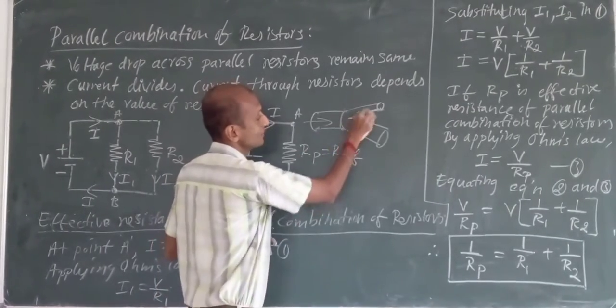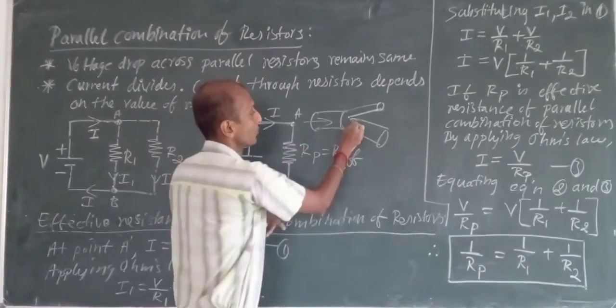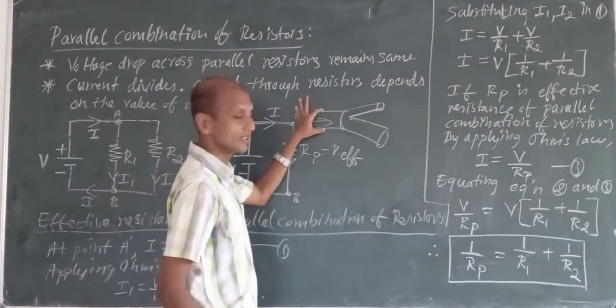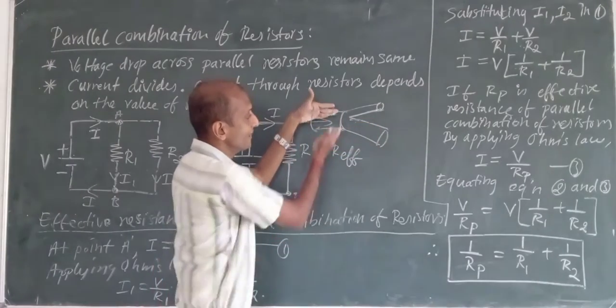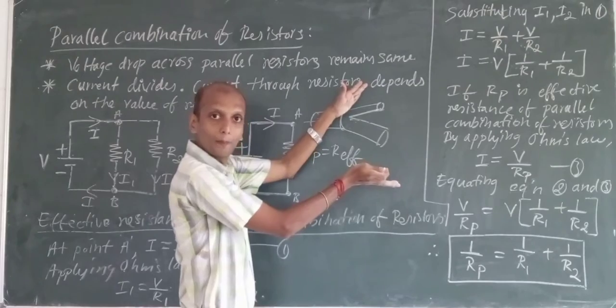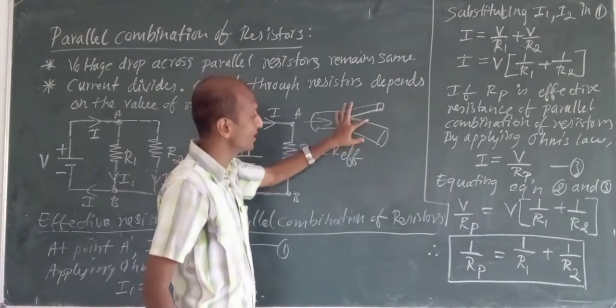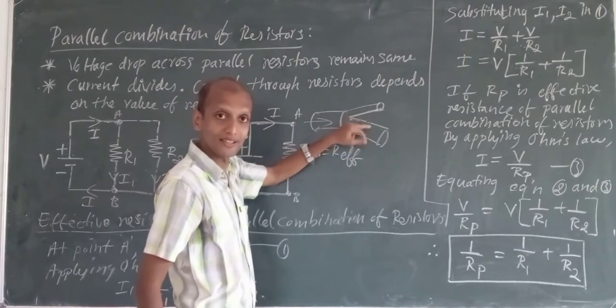When it comes to this point, it divides into two pipes, where this is a narrow pipe and this one is wider than this.